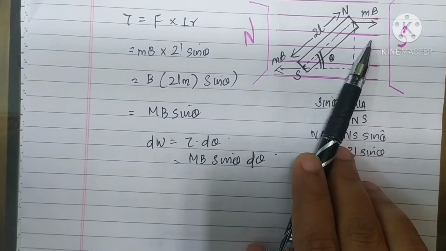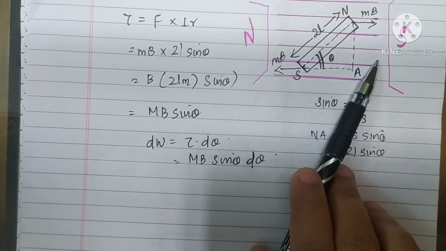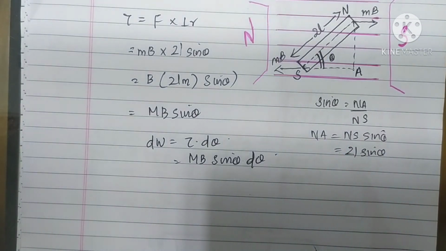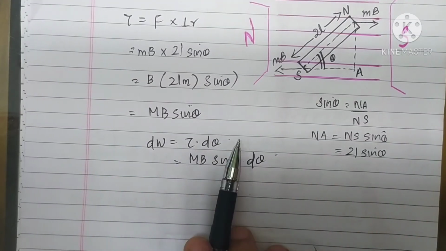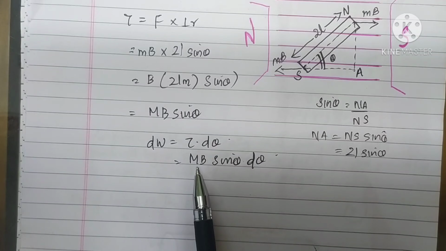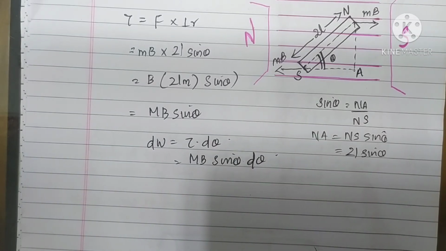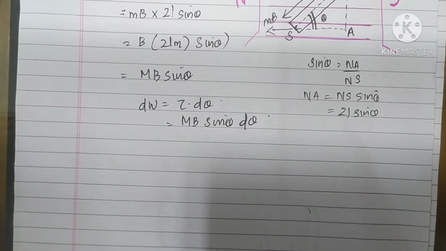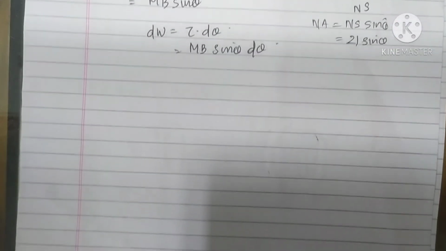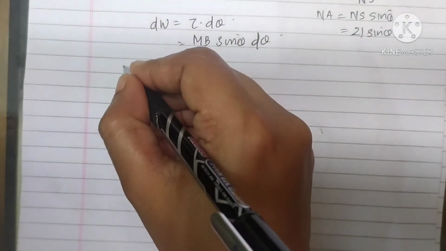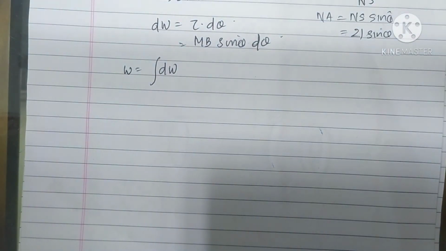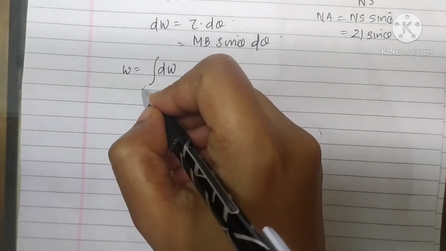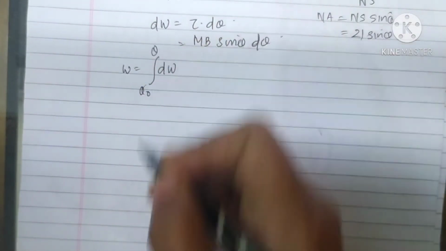So this torque tends to align this particular magnet in the direction of the magnetic field. If you want to take it back, you have to do an external work, and work is equal to tau into theta. You have studied this expression earlier. So instead of tau, mB sine theta d theta. Now this total work done can be calculated by integrating this expression. So W is equal to integral of dW, the limits being from theta 0 to theta.